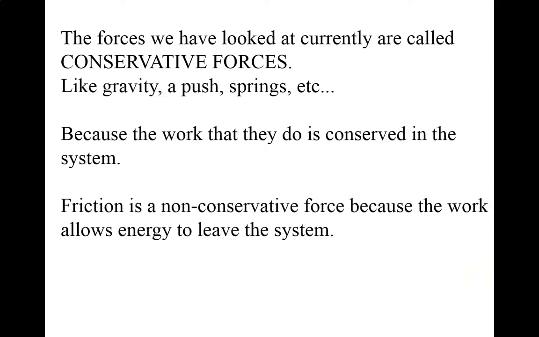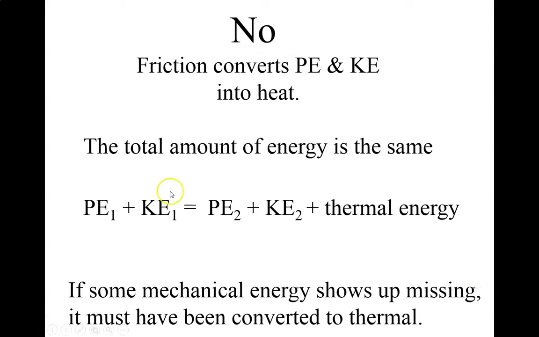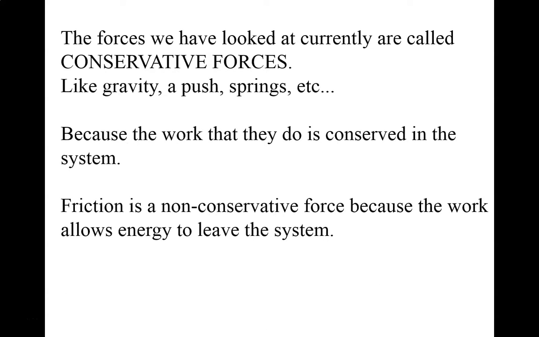All it does is convert to another type. So we can think of our conservation of energy as slightly altered: our initial potential plus kinetic equals our final potential plus kinetic plus however much thermal energy or heat was produced. Any energy that doesn't show up was just converted to heat.